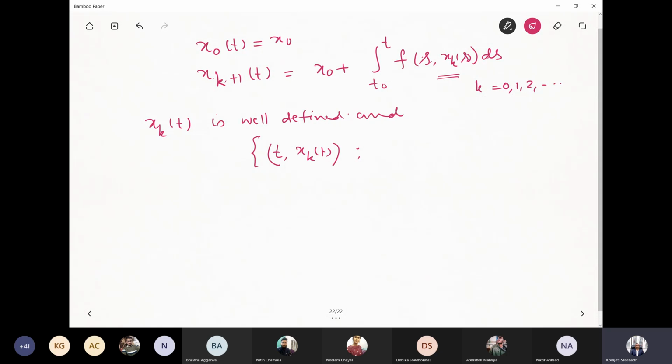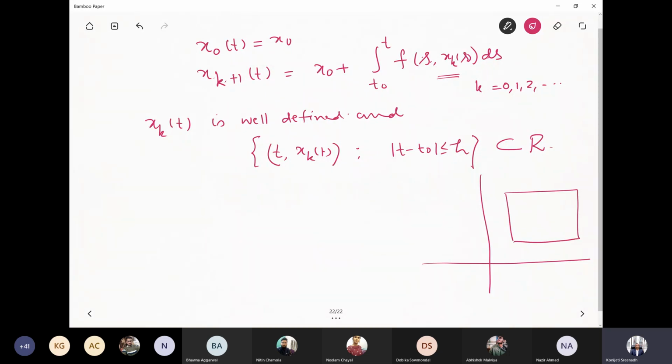for t lying in between this, this whole thing is lying in the rectangle. Okay, so what we were trying to show is, you have a rectangle here, and there is a point t0, and we are finding this h, from t0 minus h to t0 plus h.